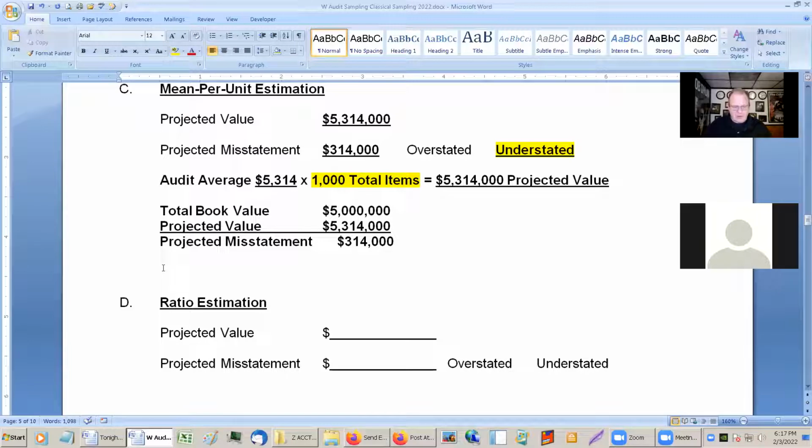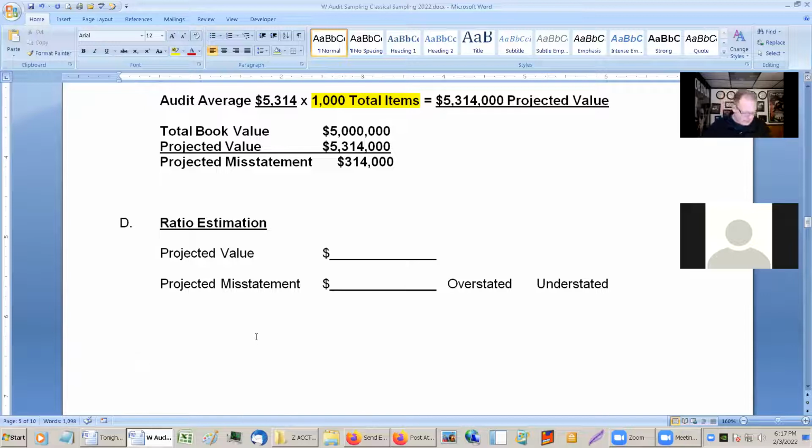And what we do is we do a ratio. We do the audit amount divided by the book. Okay, so average audit was what, 5,140?